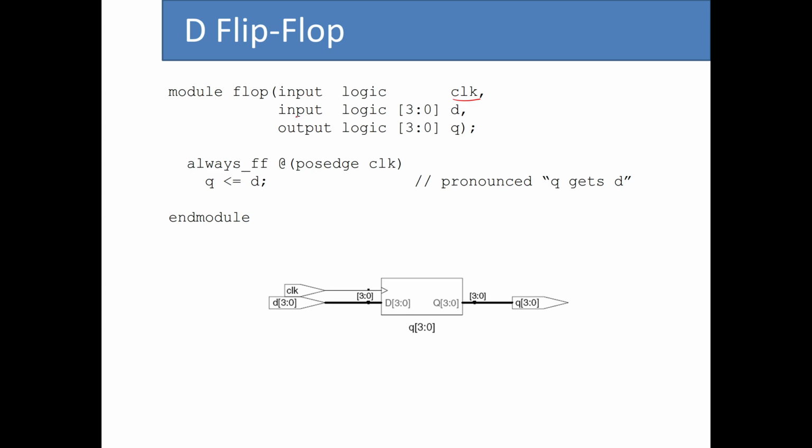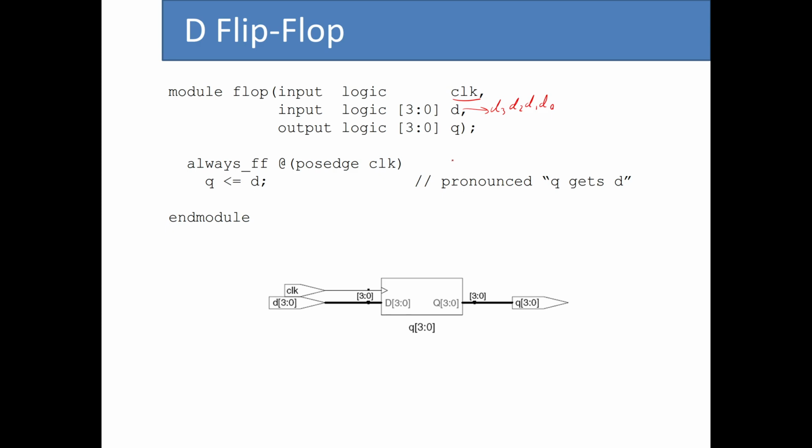We have another set of inputs, again logic values, 4 bits, and we call them D. That means D is basically D3, D2, D1, and D0. So we are designing a register with 4 D flip-flops. As for the output, we have Q, which is again a logic variable, and it has 4 bits.